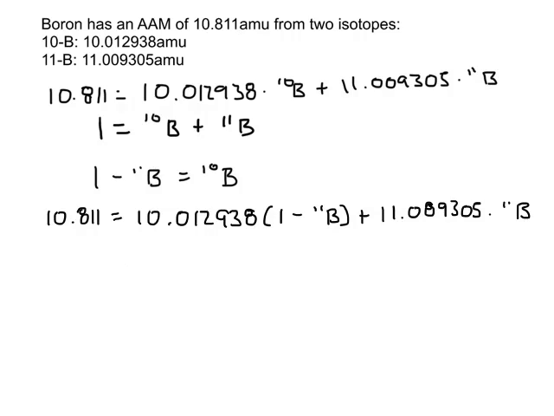Okay, with that done, we now have one equation and one unknown, so we're good to go. And at this point, it's just a series of algebra cleanup. So the first thing that I'm going to do is distribute this mass to both of these terms.